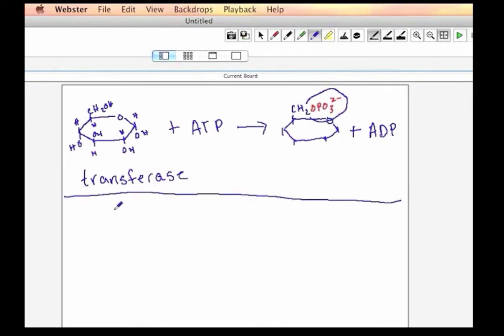Okay, great. So let's look at another one here. This one's kind of fun. Got a 3-carbon molecule here. We're going to get to know it a little bit later.